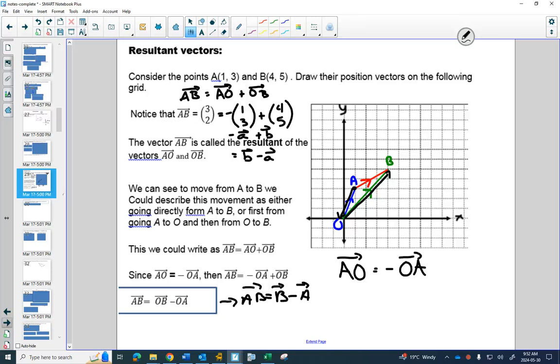If I want to get from A to B, I could go back to the origin, which would be negative A, right? This one here is negative A. And then once I'm at the origin, I could go positive B to get to B. So as a visual, I like this formula as negative A plus B. I understand as a formula, it's awkward to start a formula with a negative, so let's make it B minus A as a formula.